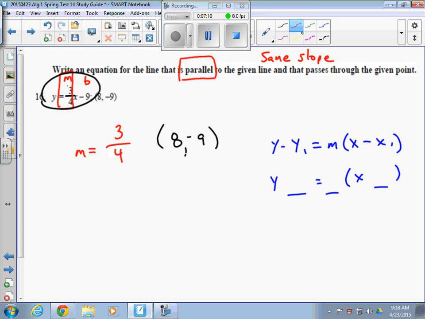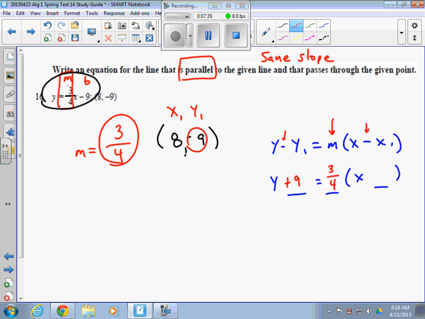The m value is just like it says: 3/4 goes in place of m. The x sub 1 and y sub 1 values are the opposite of whatever the point says, because it's minus what it says right here. In place of y sub 1, we have negative 9 in our question, so we put in positive 9.